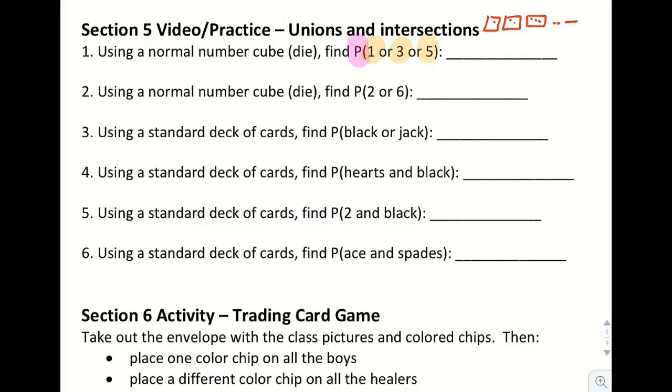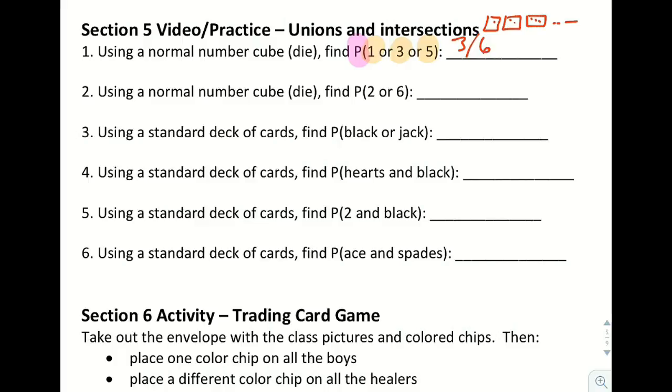And 1, 3, 5, that accounts for 3 of the possible 6 options. On dice, each option has an equal chance of being rolled. So 3 out of 6 should be the probability.